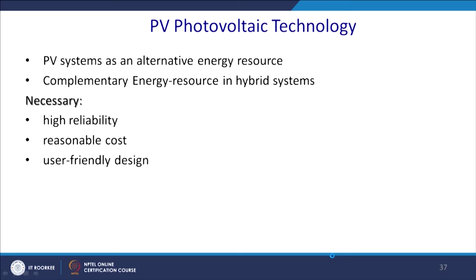Thereafter another application is the system with alternate energy sources and complementary energy resources in a hybrid system. Power electronics ensures that it is a highly reliable system at a reasonable cost, because we require to get power from solar at the rate of fossil fuels.